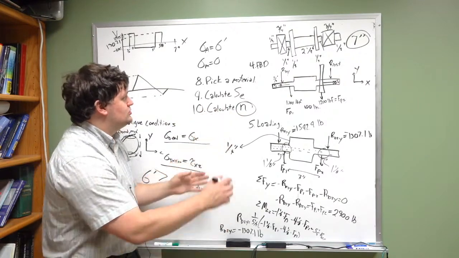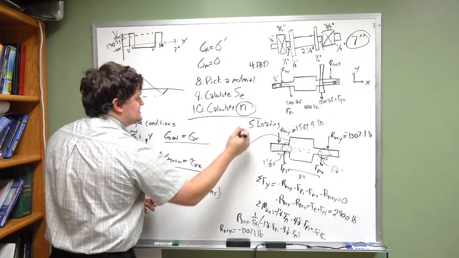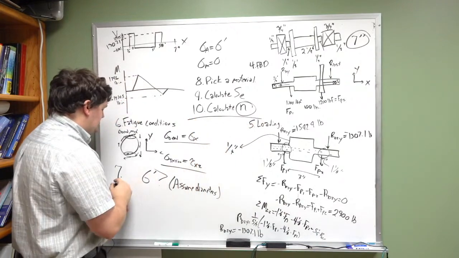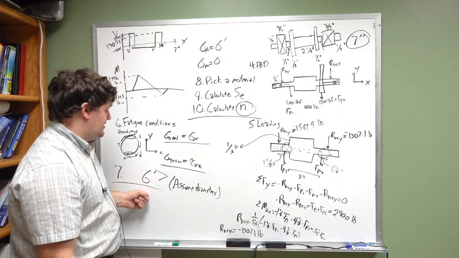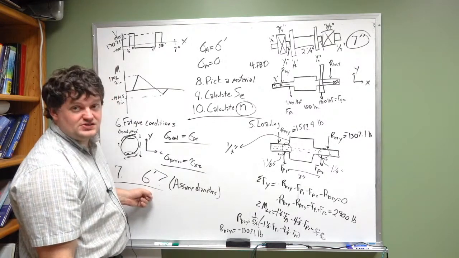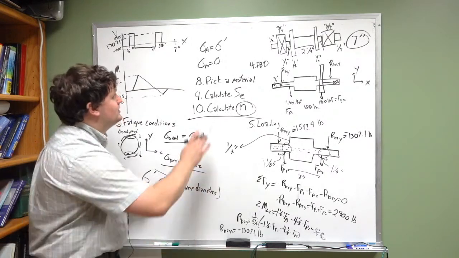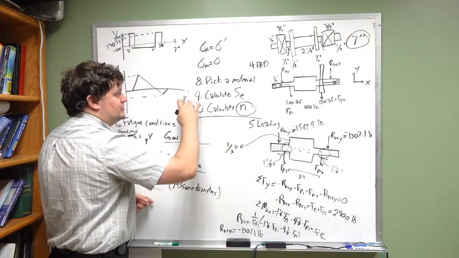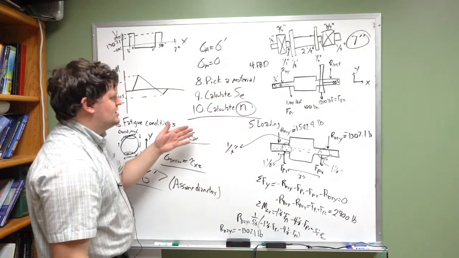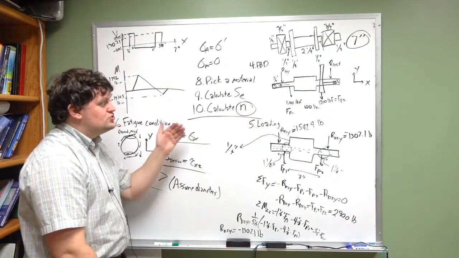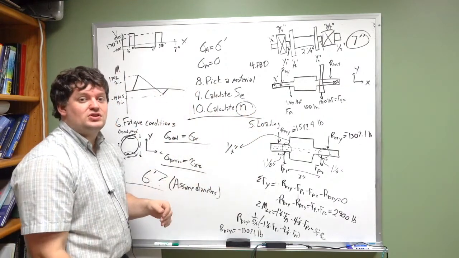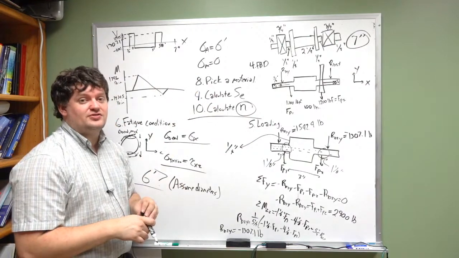So you may need to go back from this step, draw a different geometry for your shaft, find a different von Mises stress, same loading conditions, pick a material, which you already should have done, and then calculate your N value. So you do iterate a little bit to get the optimum shaft diameter here.